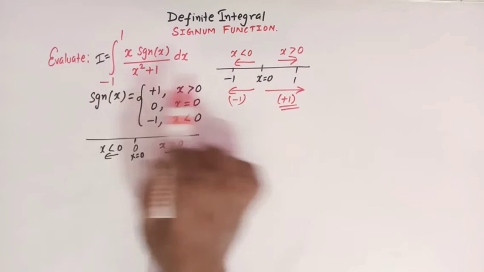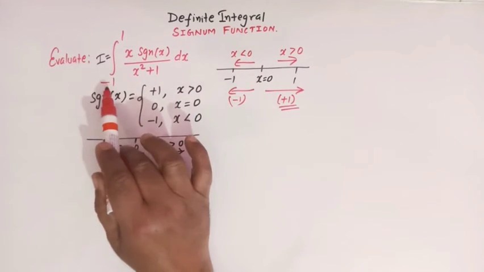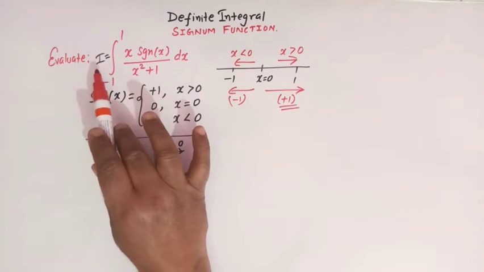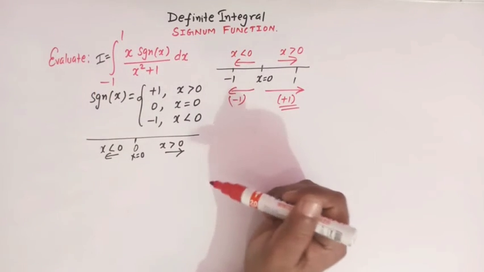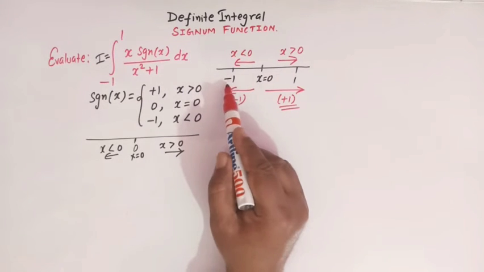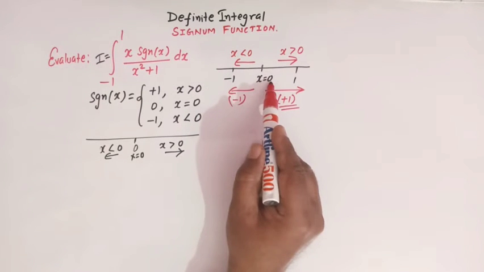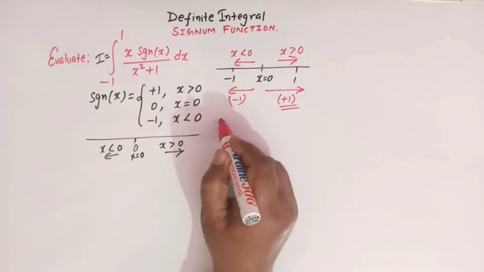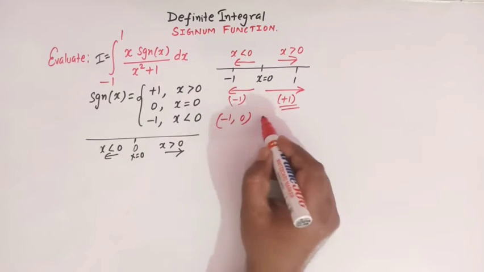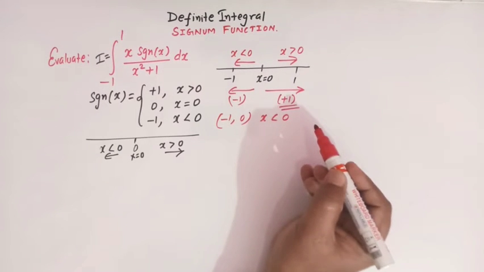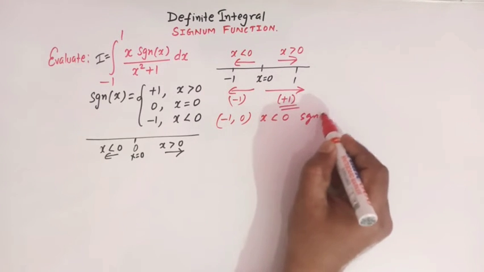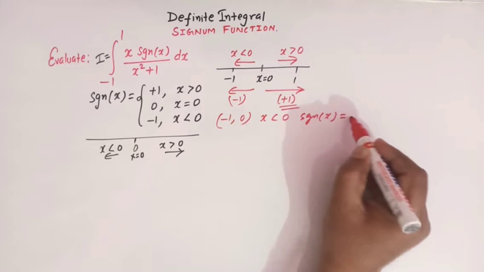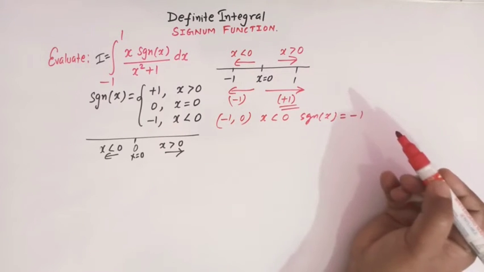Okay, so now what we will do, we'll split this integral I as a sum of two integrals, right? The first one is from minus 1 to 0, because in the interval minus 1 to 0, x is obviously less than 0, and the signum of x will take the value minus 1, right?